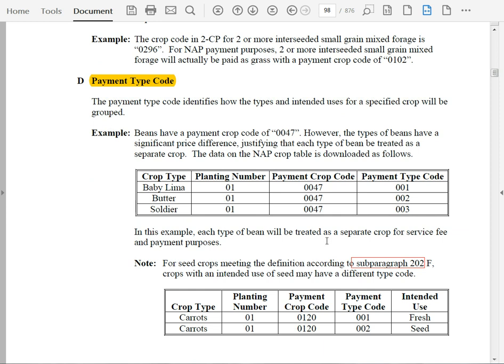This code is used to further break down specific varieties into the smallest groups, all of which share nearly identical average yields, prices, growth properties, etc. Using the bean example, we now see that baby lima, butter, and soldier beans are each considered to be different enough from one another as to be assigned different payment type codes. In the event of a crop loss, all 3 of these bean varieties would be considered separately from one another.